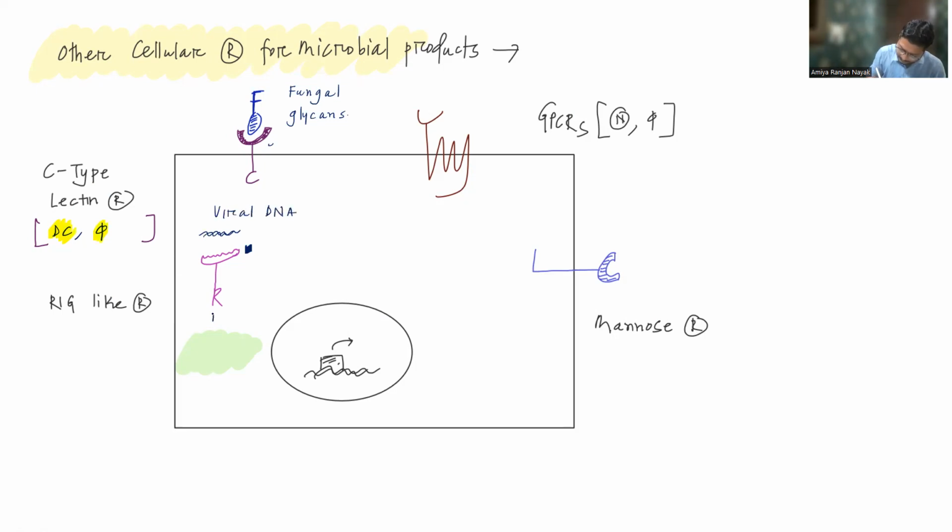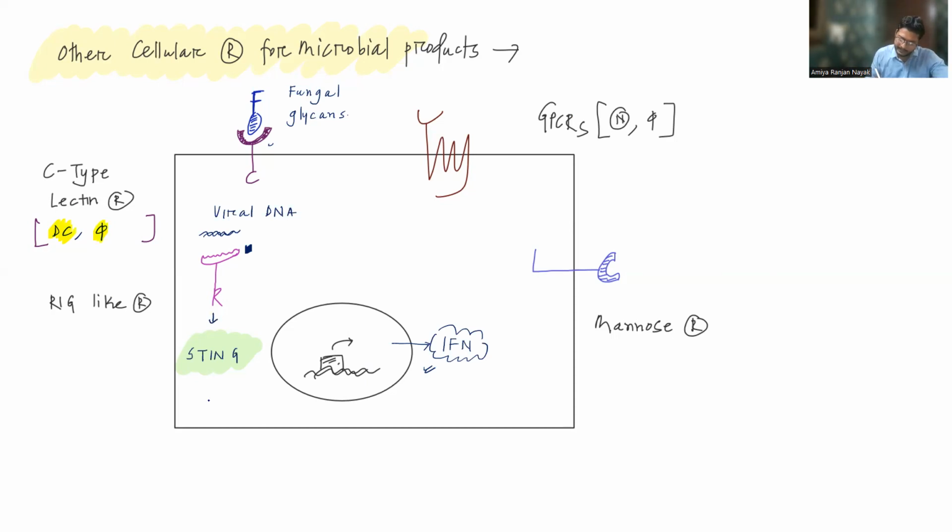Once they are activated, they are going to activate a particular pathway that is known as the STING pathway. Through this STING pathway, they are going to produce various interferon molecules, and these interferon molecules will have antiviral properties.